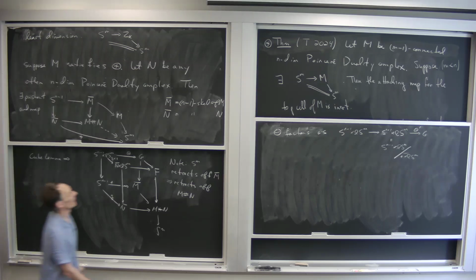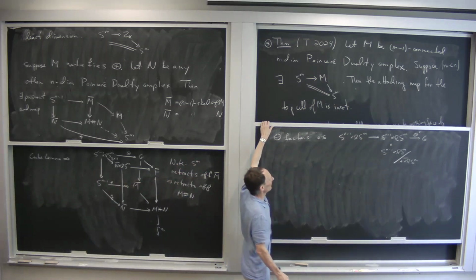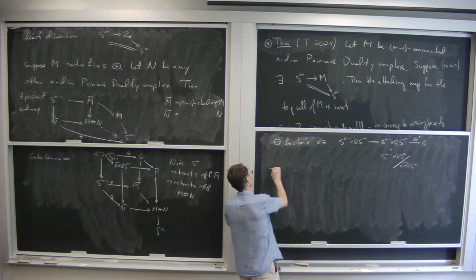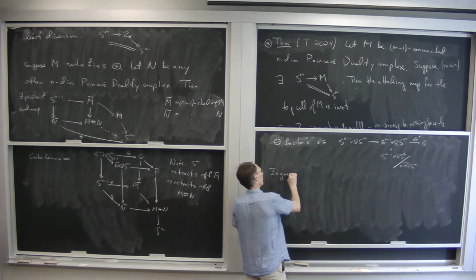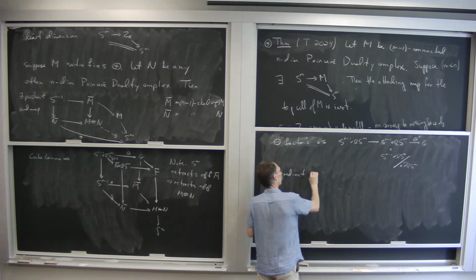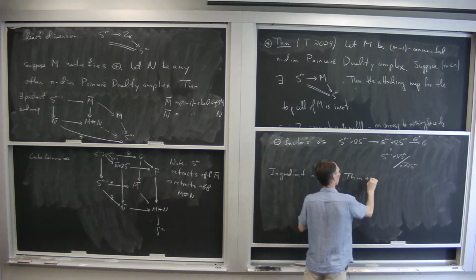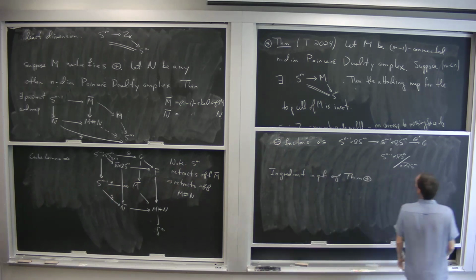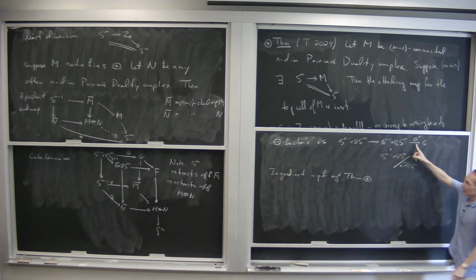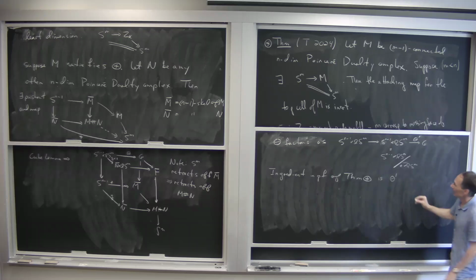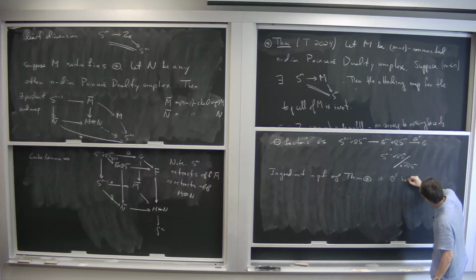Now, okay, good. My theorem is here. So I haven't told you how that's proved. One of the ingredients is that this map theta prime has a left inverse.